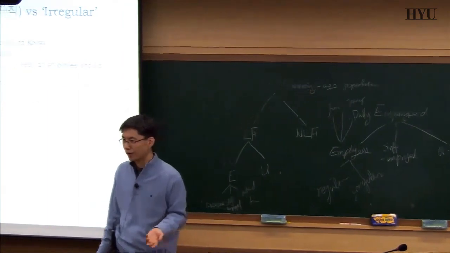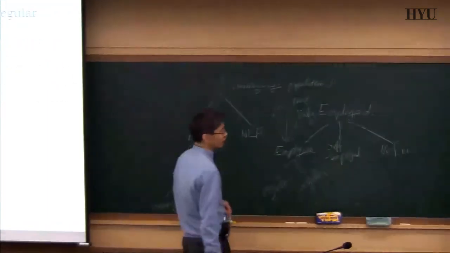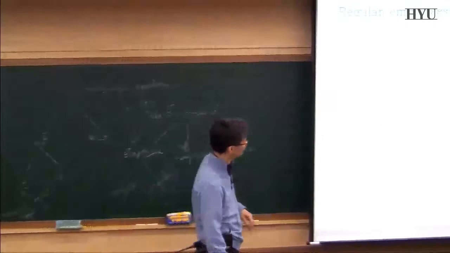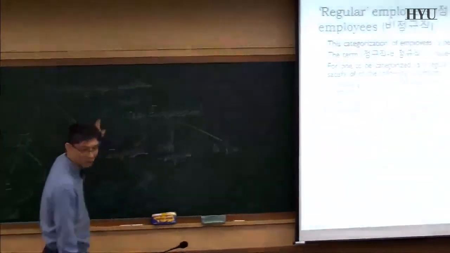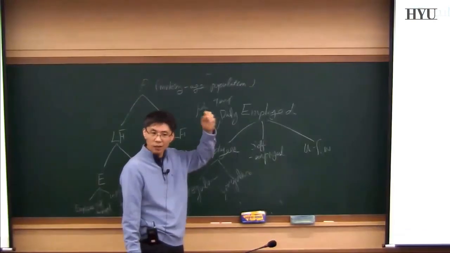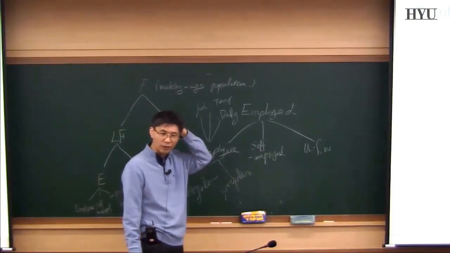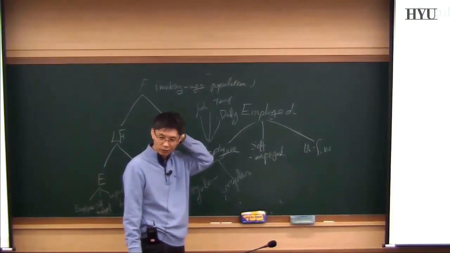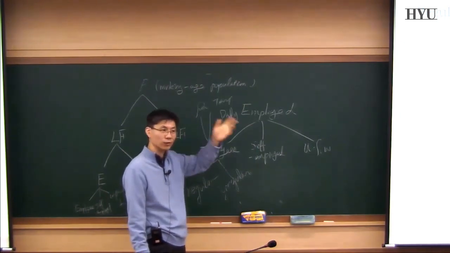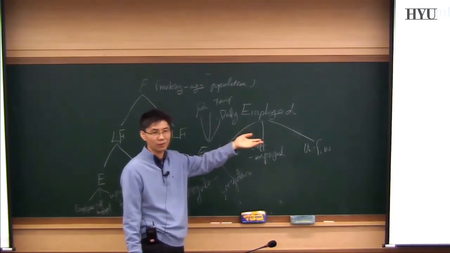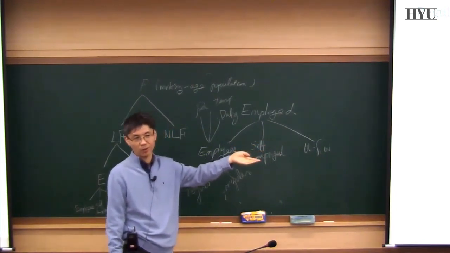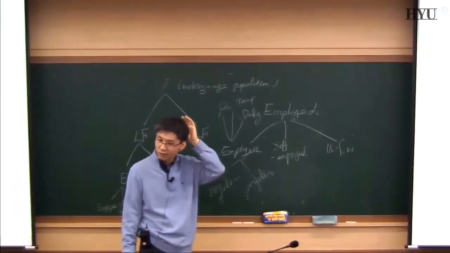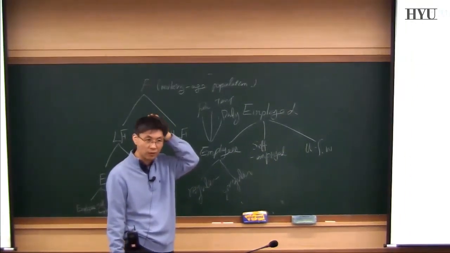So it's very narrowly defined, even more narrowly than permanent employees. For example, our young professors are not regular employees according to this definition. Why? Because they do not have a contract until the retirement age. Young professors, when they are hired, usually have a 3 to 5 year contract.